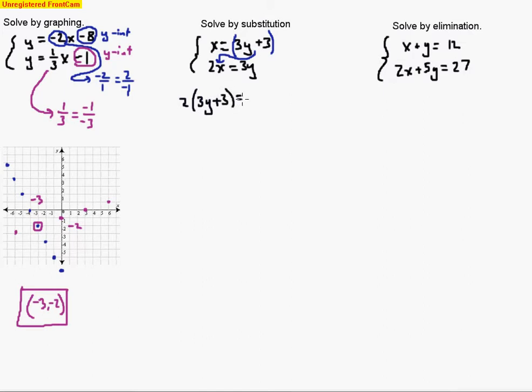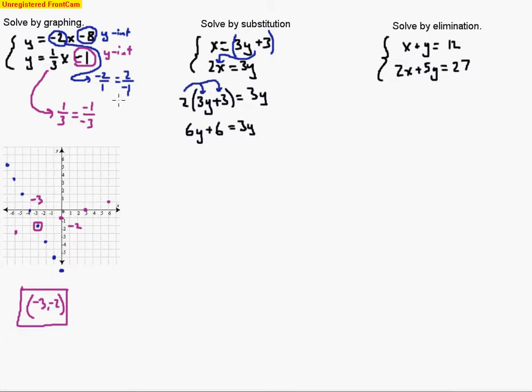Then I rewrite everything else, equals 3y. I do some distributive property here, multiplying the 2 over this sum, and we end up with 6y plus 6 equals 3y.